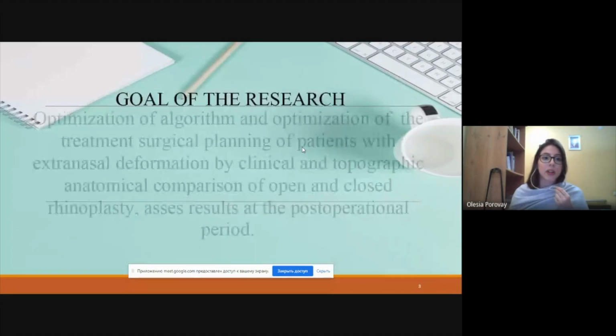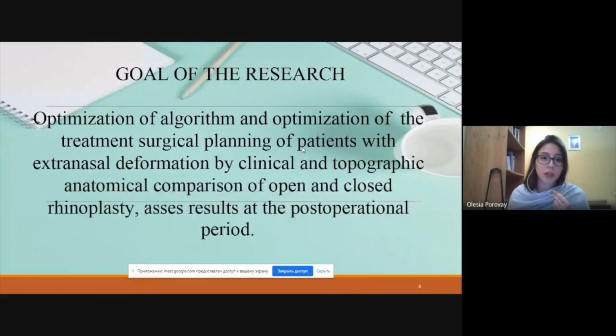So the goals of the research were a detailed examination of the patient with computer prognosis, optimization of the algorithm and surgical treatment planning by open and closed rhinoplasty, and of course assessing the result after this type of surgery.